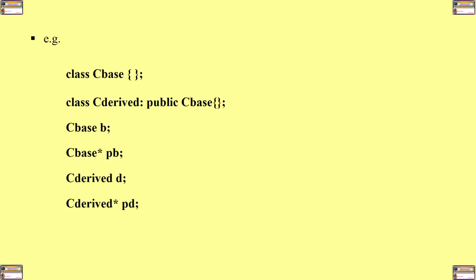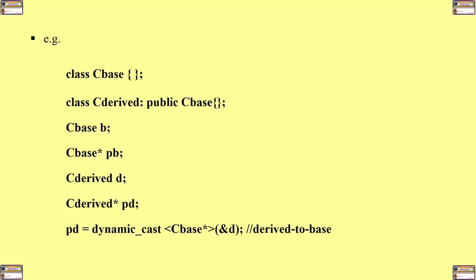We can also have a pointer on D, which is a pointer of the class called CDerived, and we can write the code as follows. Remember what the symbol means. The asterisk in this case is called the reference operator.